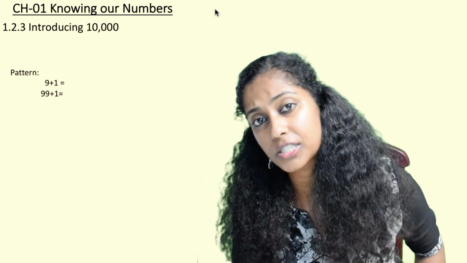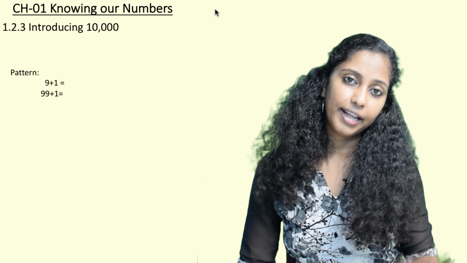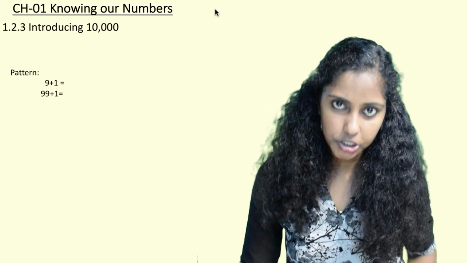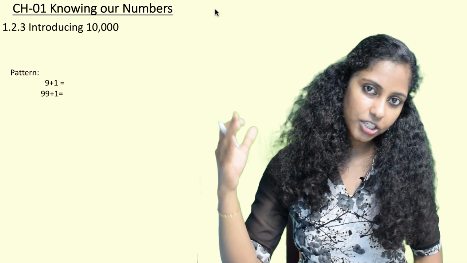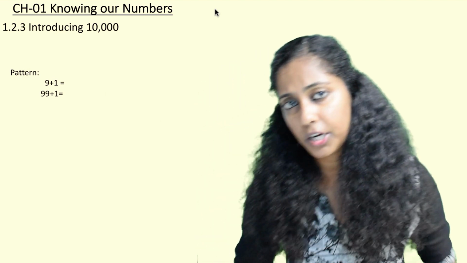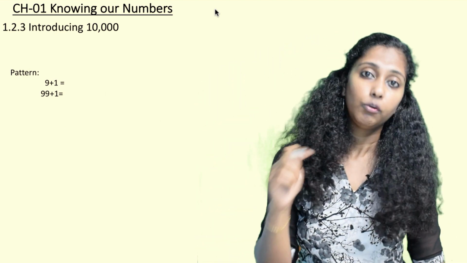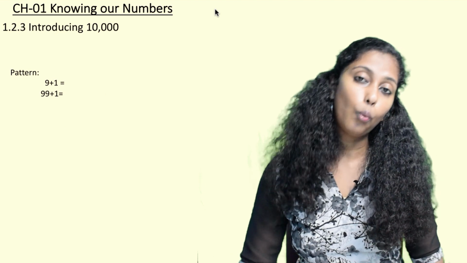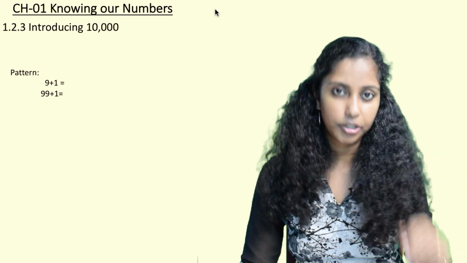So this 10 is a 2-digit number, and this 10 is the smallest 2-digit number, and the largest 2-digit number is 99. Why do we call it the largest 2-digit number? Because after 99 we get another number, that is 100, and that is a 3-digit number.